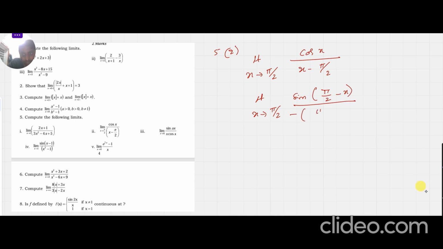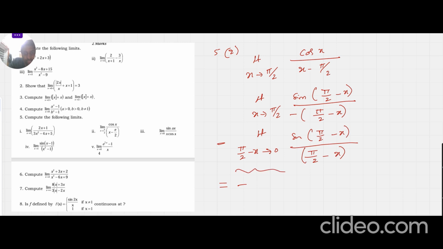Minus gets common, so the denominator also becomes pi by 2 minus x. So as x tends to pi by 2, pi by 2 minus x tends to 0. Sine (pi by 2 minus x) by (pi by 2 minus x). There is a negative in the denominator, that negative we keep outside, minus. So this complete part becomes 1, because we have the formula sin theta by theta. So your answer is minus 1.